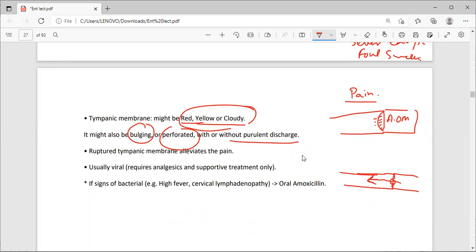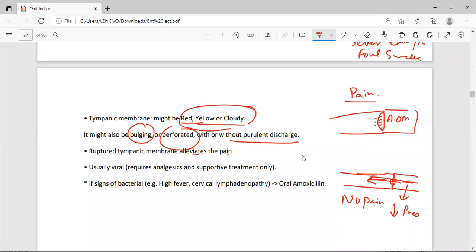Whenever the tympanic membrane ruptures, the pressure symptoms are relieved, so the patient will feel no pain. So a ruptured tympanic membrane alleviates the pain.